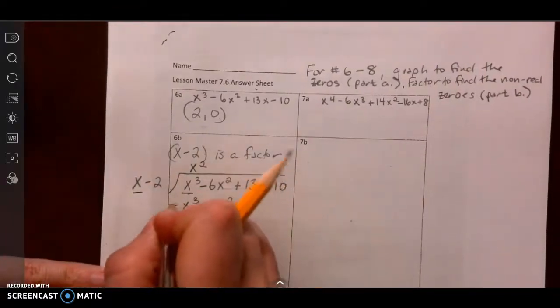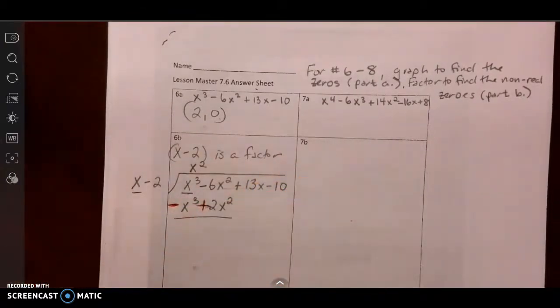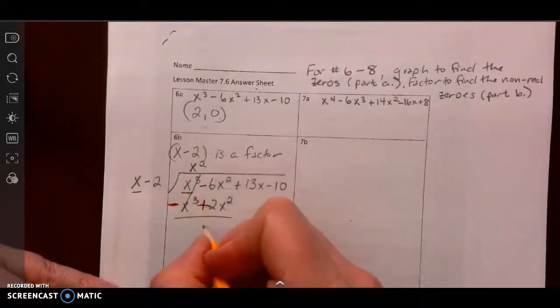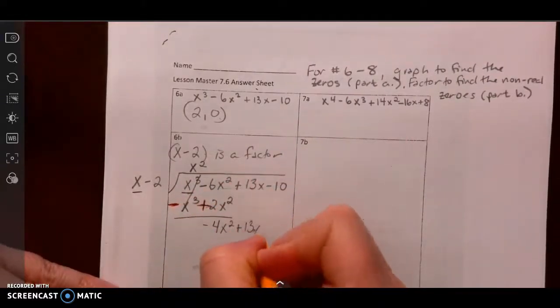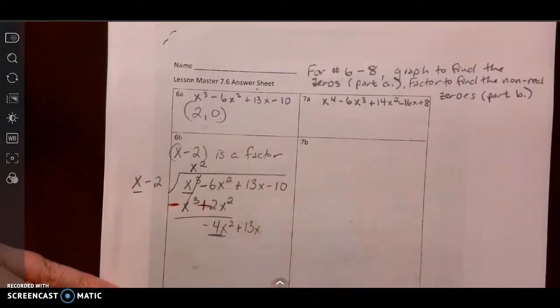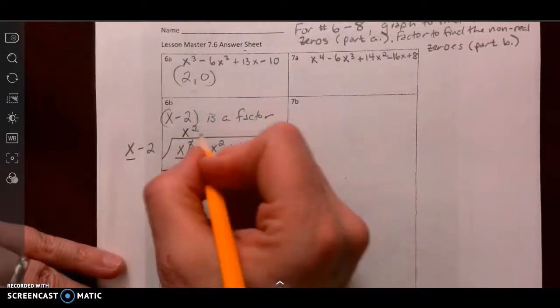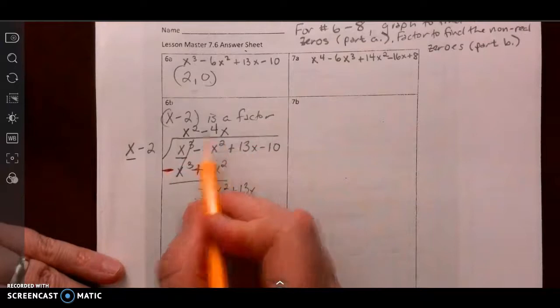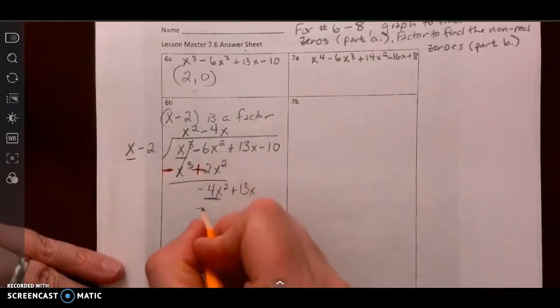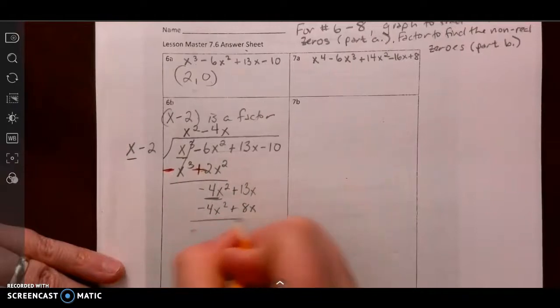I've got my red pen here. That becomes a minus, and that becomes a plus. Add these up, and I get negative 4x squared, and I carry down the 13x, and I focus on the first. Negative 4x squared divided by x is negative 4x. Multiply the negative 4x by both of these. I get negative 4x squared plus 8x.